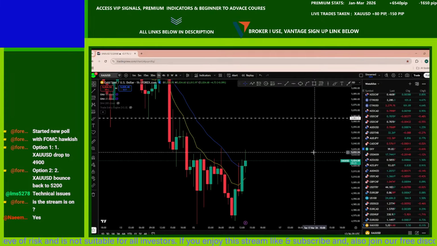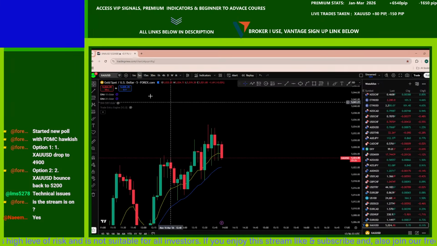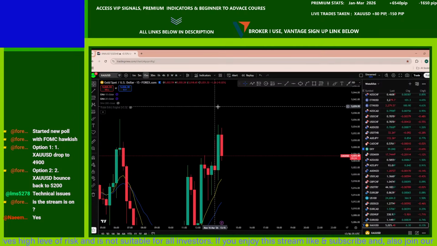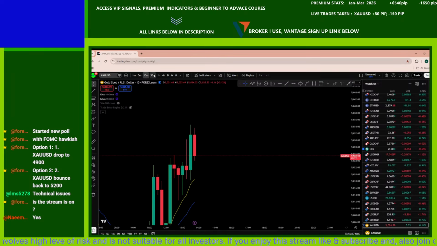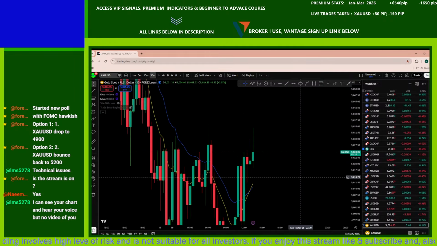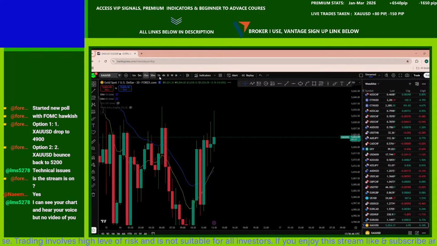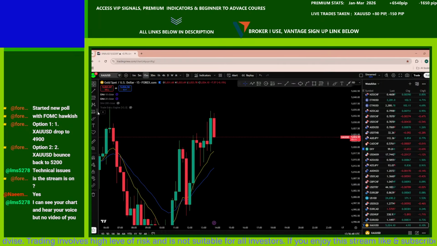Looking at further entry here, you can see there are quite a few long wick candlestick patterns, and this is where the market is showing up to be. If you look at the 30 minutes, it is another bearish engulfer formation here, and I'm considering looking for another entry in this area.